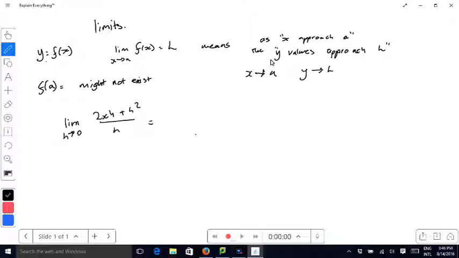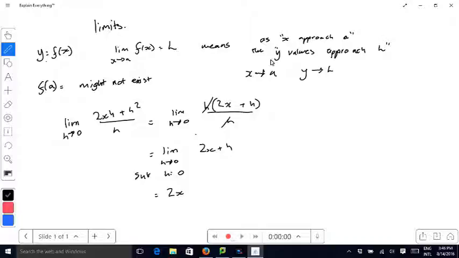So we need to do something first, and that was factoring and cancelling. With h out the front, we have h times 2x plus h over h. The h's cancel, so we end up with the limit as h approaches 0 of 2x plus h. We've got a simpler equation now, and we can substitute h equal to 0. When h is 0, we get 2x.